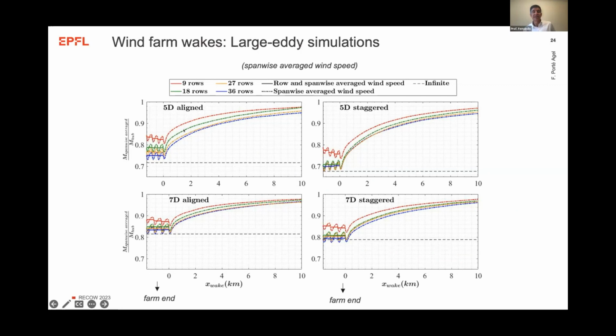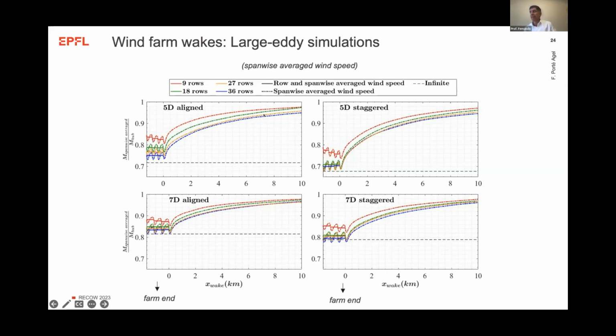As you increase the size of the farm, the decrease in the velocity in the wake of the farm, up to 10 kilometers, is stronger. Interestingly, this is 36 rows, which is extremely large. I don't think there's any wind farm that large yet.